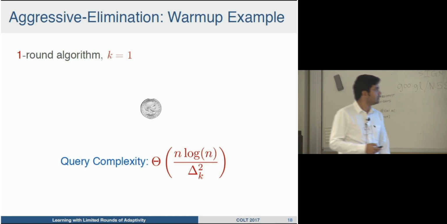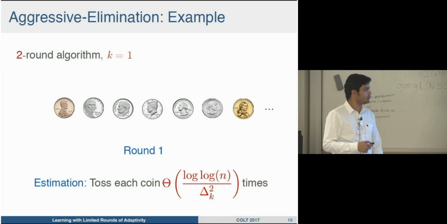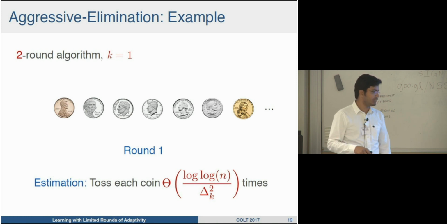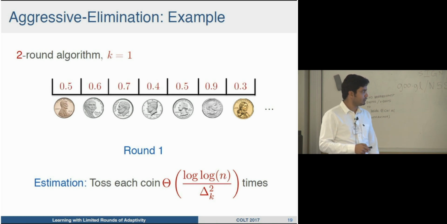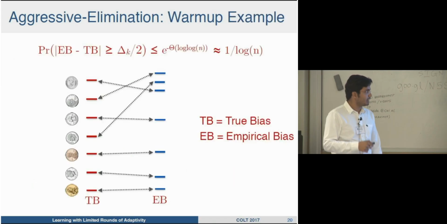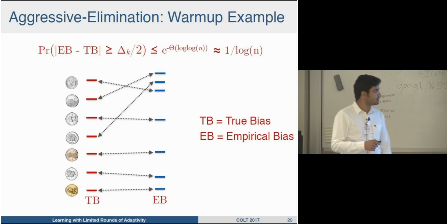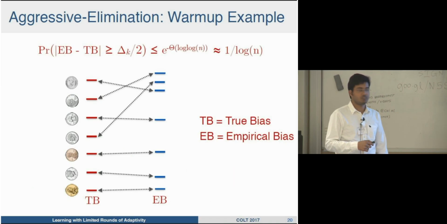So in a 2 round version of our algorithm, in round 1, we toss each coin log log n over delta k squared times instead of log n over delta k squared times. So these are the empirical biases. We can again apply standard concentration inequalities like Hoeffding and Chernoff, but we get a much weaker concentration this time, only 1 over log n.